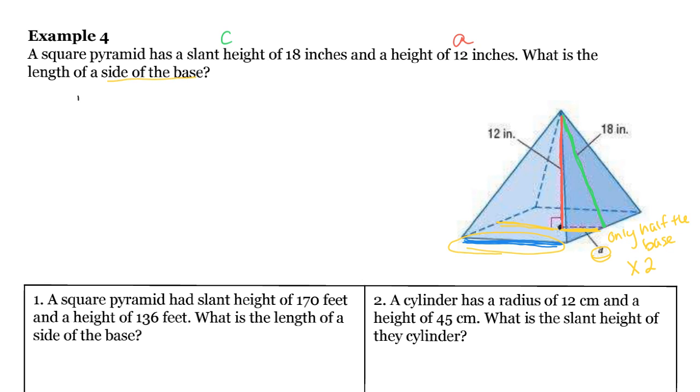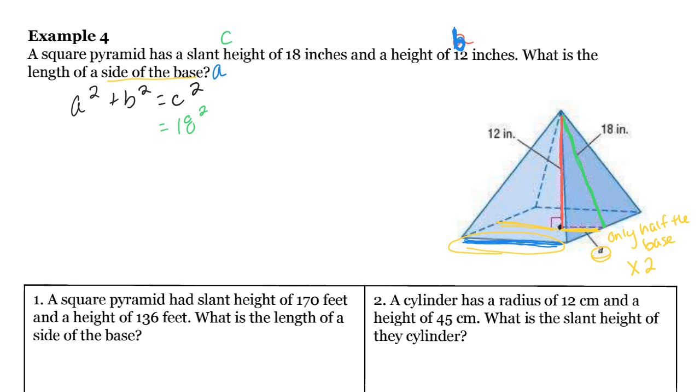All right, so let's first find the length of A. So again, we know our slant height is C, so that's 18 squared. We know our length of B. Sorry, this is not A, this is B. Up here, that was my bad.